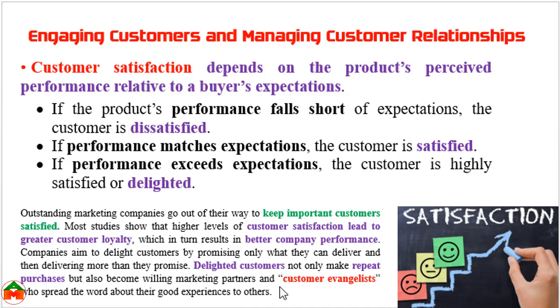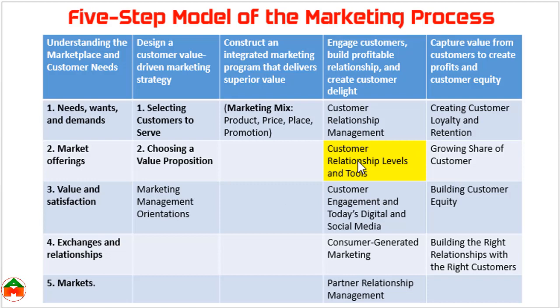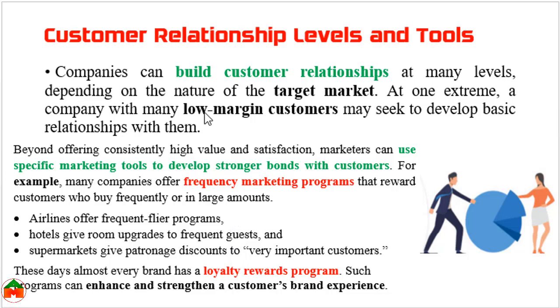Now we are going to learn about customer relationship levels and tools. In the previous slide, we learned that there are three types of customers: dissatisfied, satisfied, and highly satisfied or delighted customers.